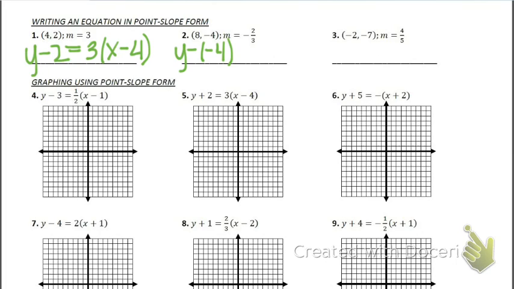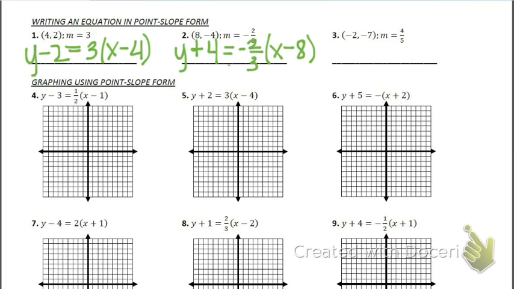It becomes positive, so I'm going to rewrite it as y plus 4 equals negative 2/3 is your slope, so negative 2/3 times x minus the x-coordinate. What's the x-coordinate? Positive 8, so it's going to be x minus 8. And that's all you have to do. Easy? Okay, do number 3 for me.